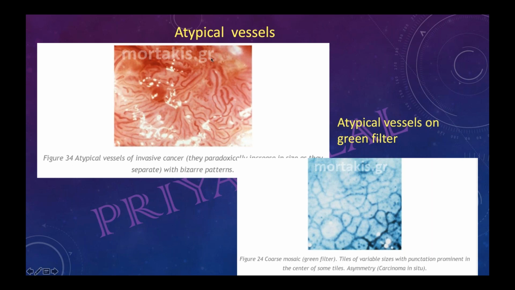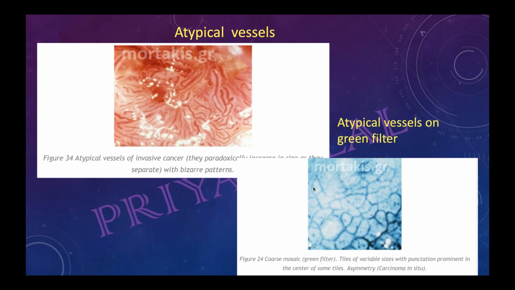Usually for better demarcation of these vessels we use the green filter. In the colposcope there is a filter, so we just put the switch on the green filter button, and then this type of appearance will be there. The green filter helps in more demarcation of these blood vessels. I'm showing you this picture.